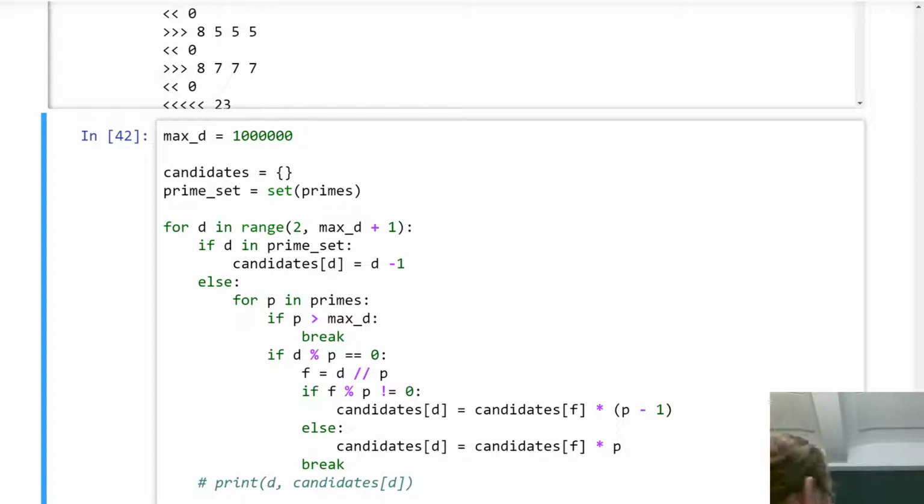Candidates times P. So this is times P minus 1. Because there is exactly a number of, 5 fits 3 times in the 15. But yeah, we only did it 3 times in the 30. The 1, 3, 7, 9 fits 3 times in the 30.